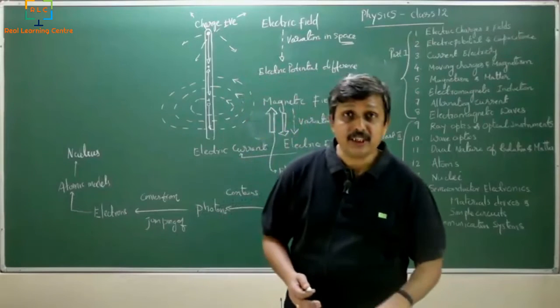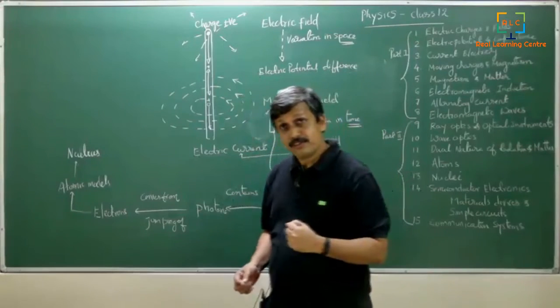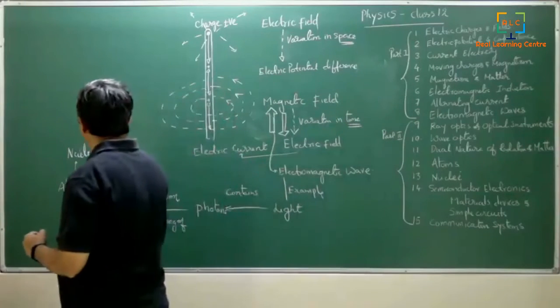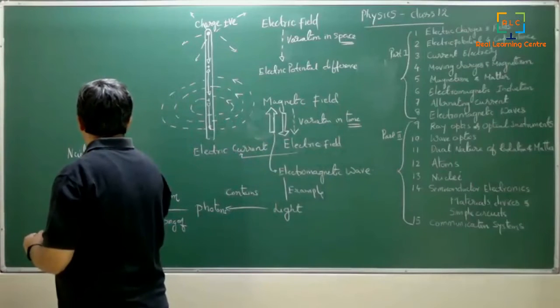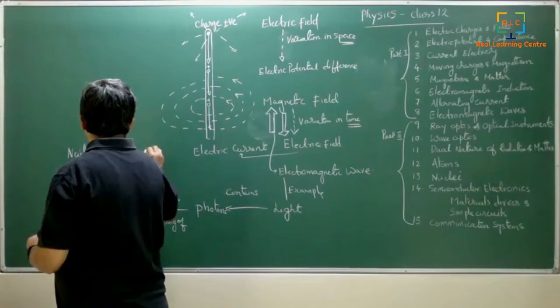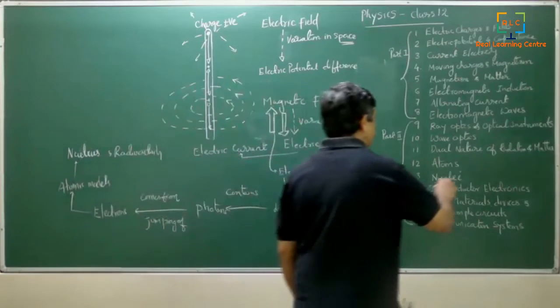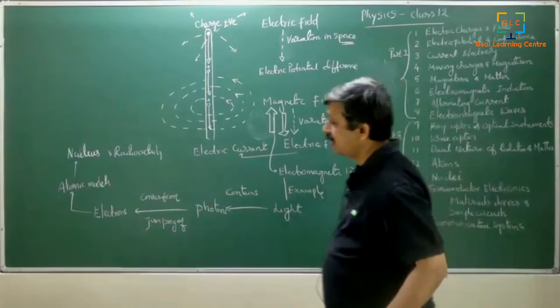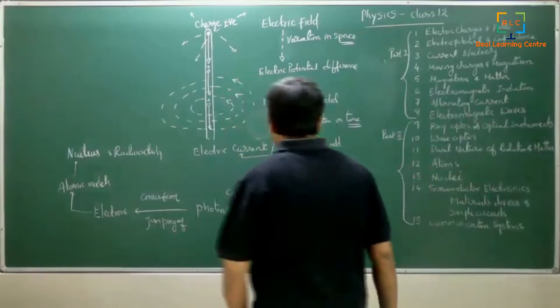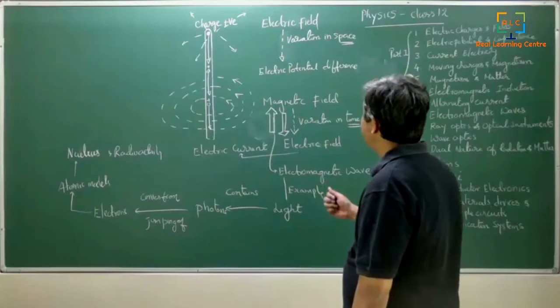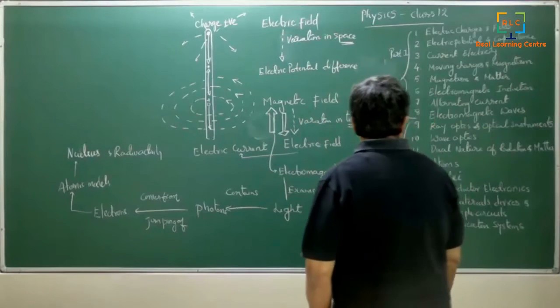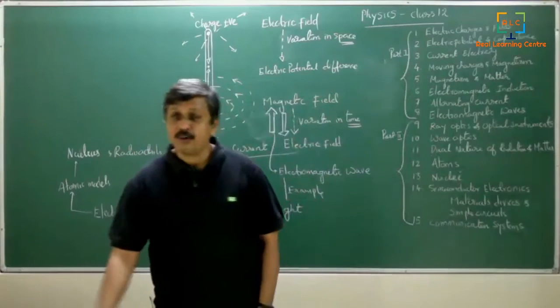And radioactivity tells us a lot about the nucleus. So we will study the nucleus and radioactivity in these chapters, the 12th and the 13th chapter. That completes our journey of the whole physics.